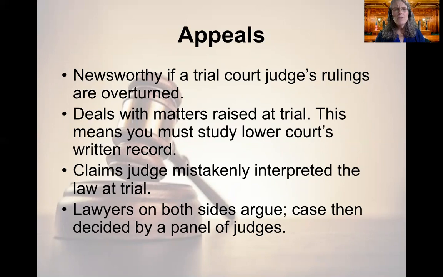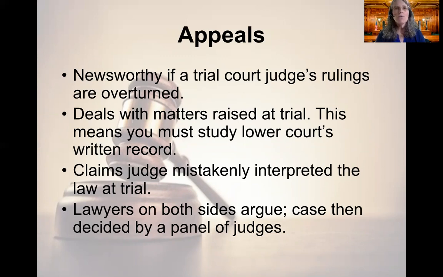And many times when the defense attorney for the defendant has filed an appeal request, they're making the claim that maybe the judge, not erroneously, but just mistakenly interpreted the law at trial. But again, it goes back to technicality issues. It goes through the same kind of process again, in that the lawyers on both sides are going to argue.